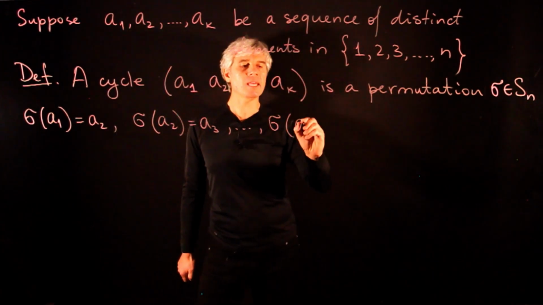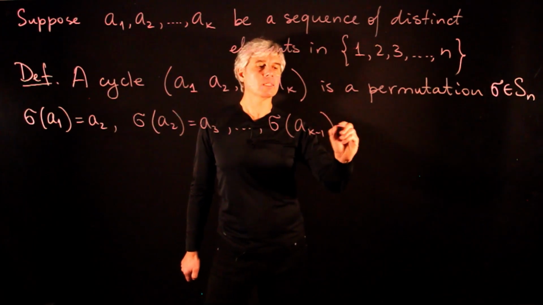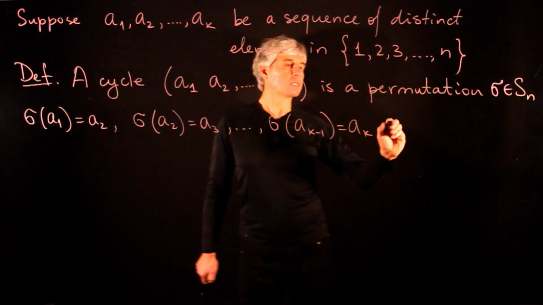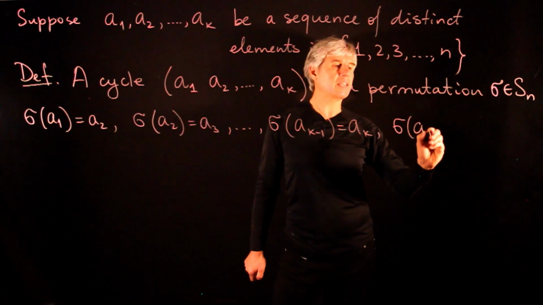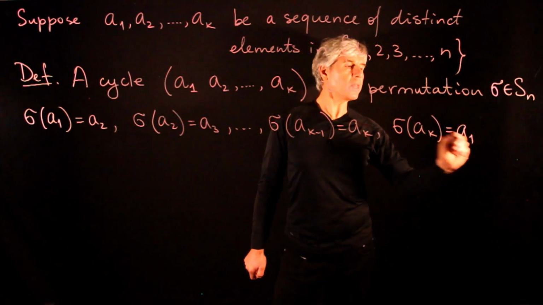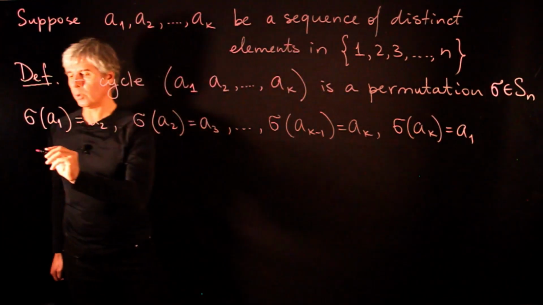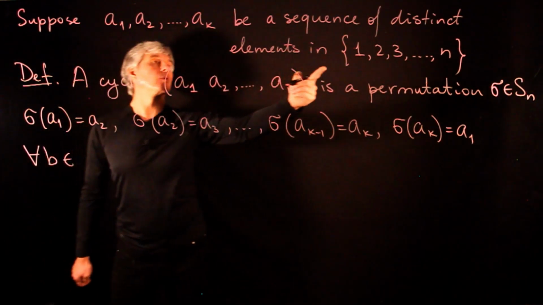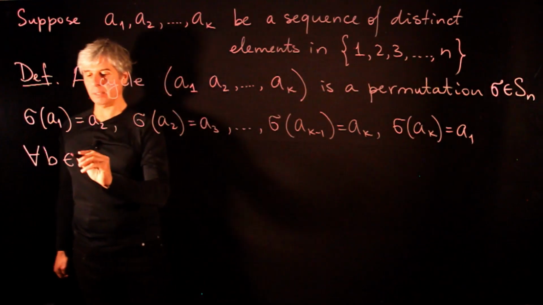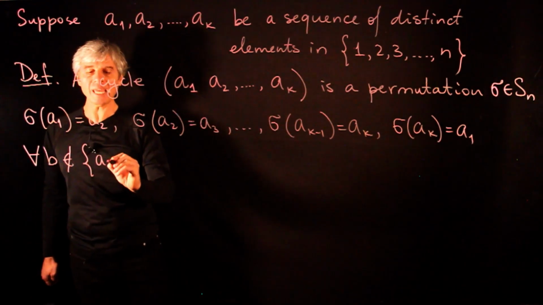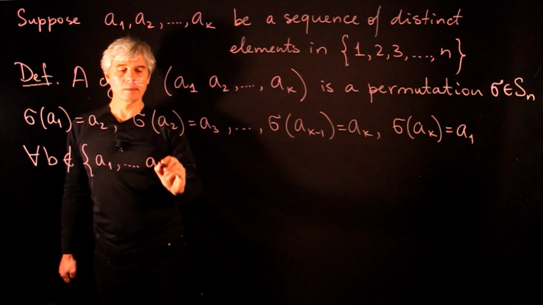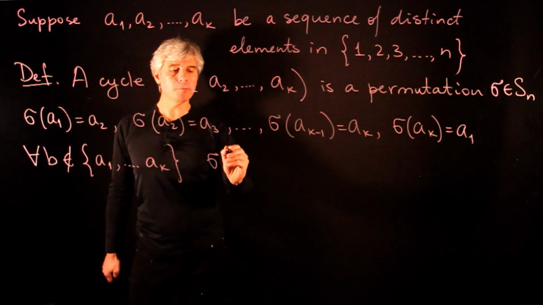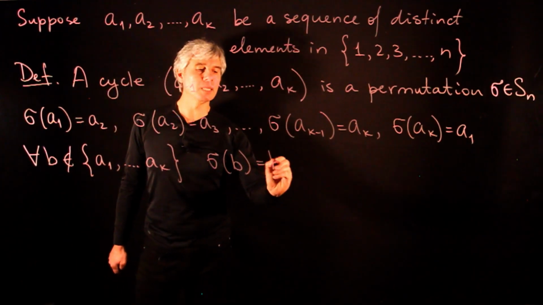Sigma applied to a_(k-1) has value ak. Sigma applied to ak has the value a1. And for every element b which belongs to the set from 1 to n, but which does not belong to the set of a's, sigma of b is equal to b.